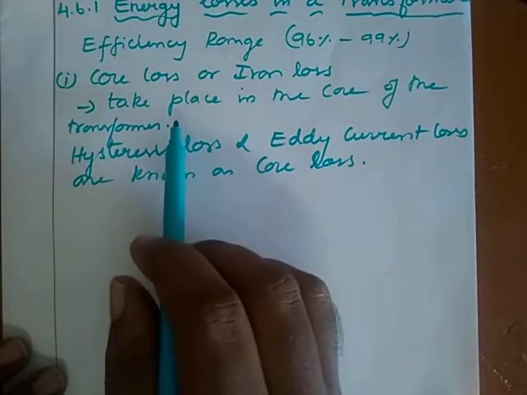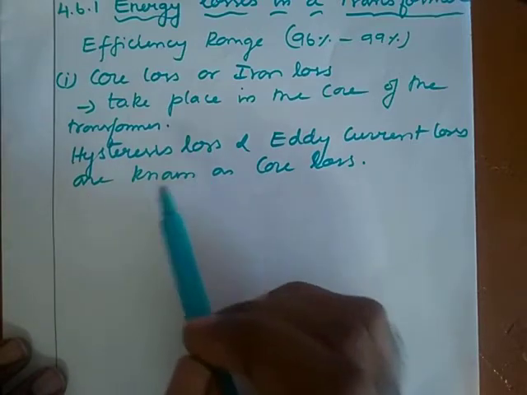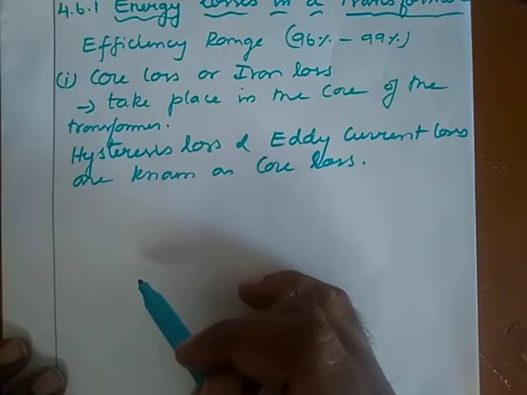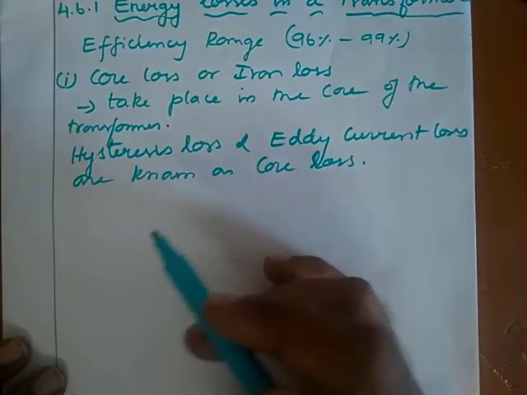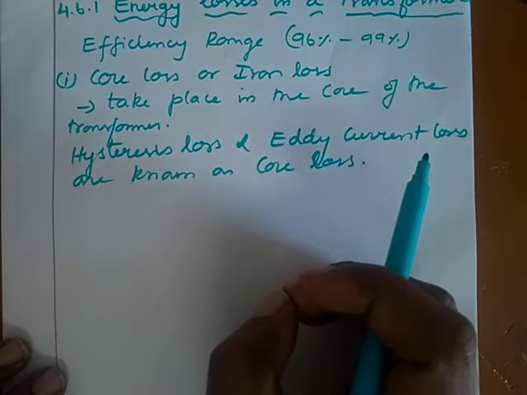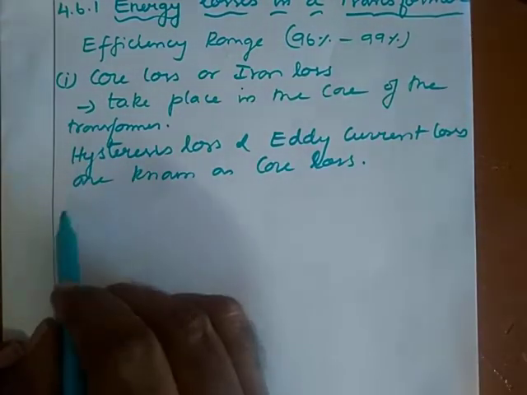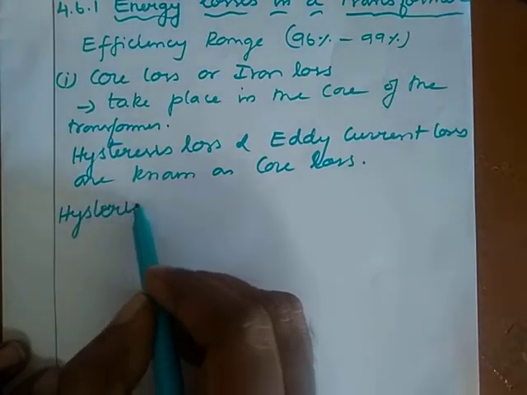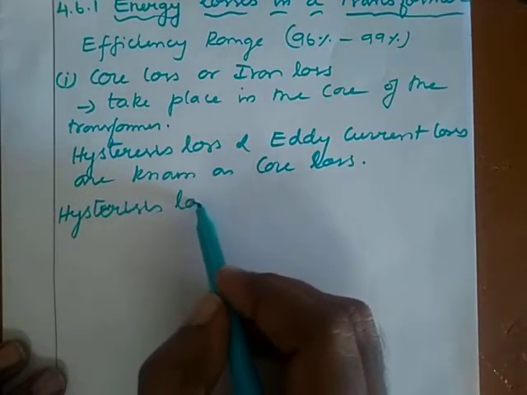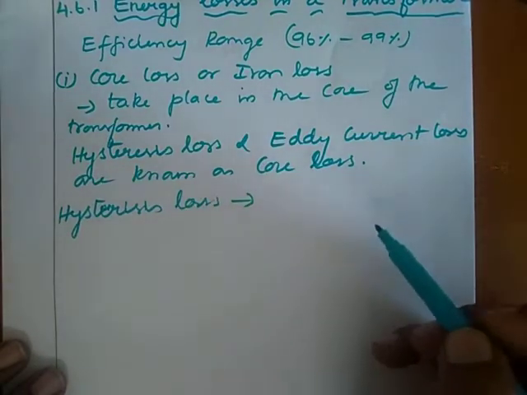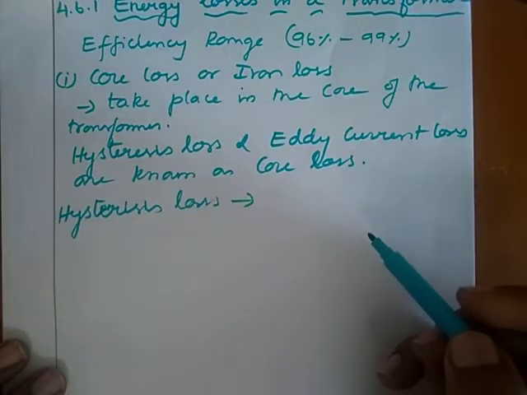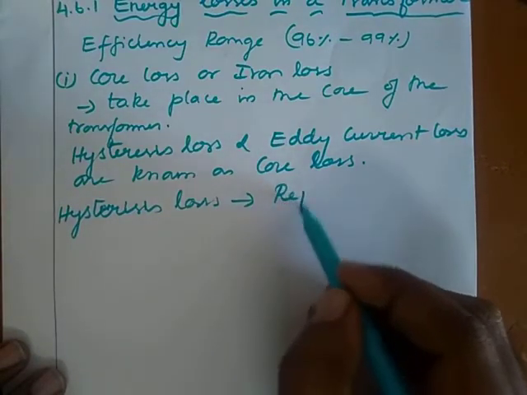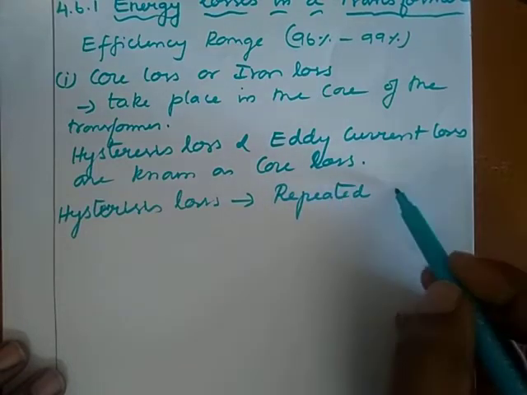If the transformer core is repeatedly magnetized and demagnetized, then some amount of energy is dissipated in the form of heat. Then this loss is known as hysteresis loss. Okay, first one, hysteresis loss. This loss is developed due to the repeated magnetization and demagnetization of the transformer core.